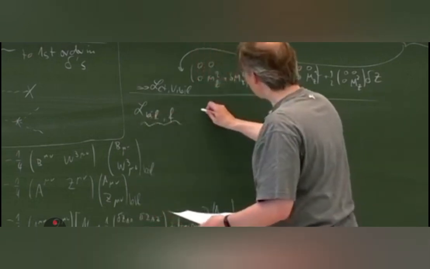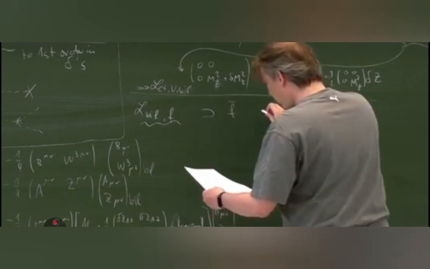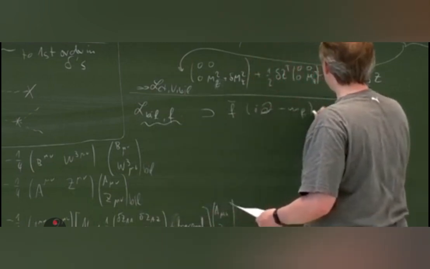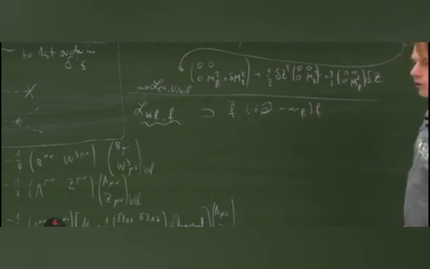Here the Lagrangian contains fermion f bar times i d slash minus m_f times f. It's really as simple as that. That is exactly as in QED.